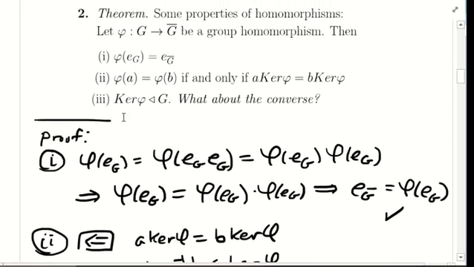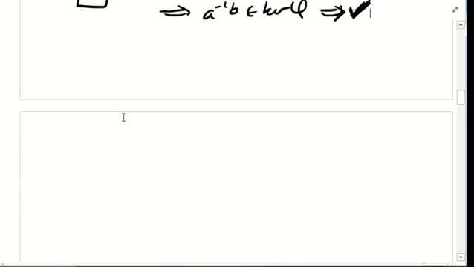And number 3, right? What about the kernel of a homomorphism? Is it normal? Well, this I think is proven as a separate theorem in your textbook, but you know, it's kind of quick. So let's think of this more as a proposition. So let's say let H be normal in G, right?